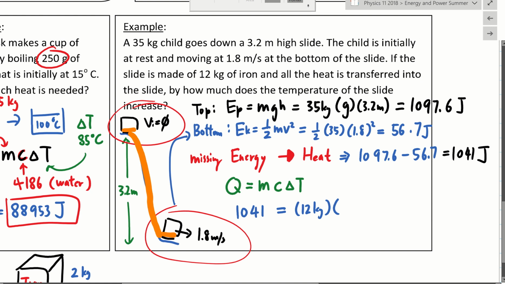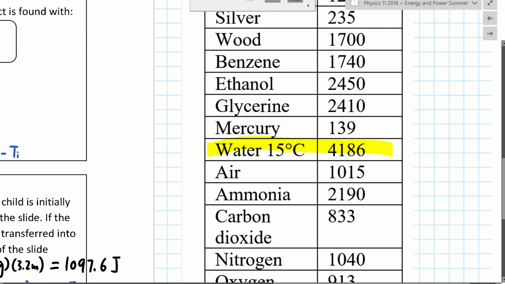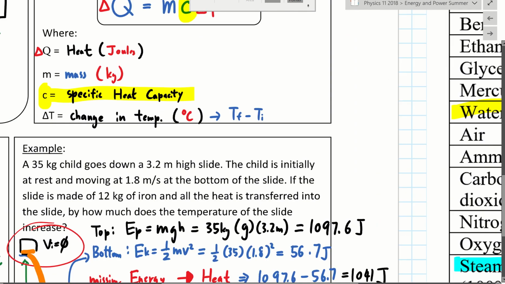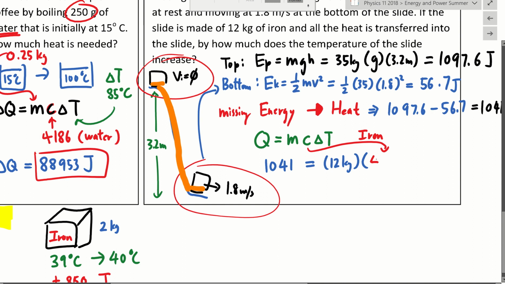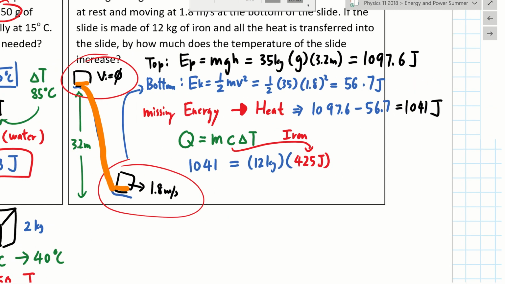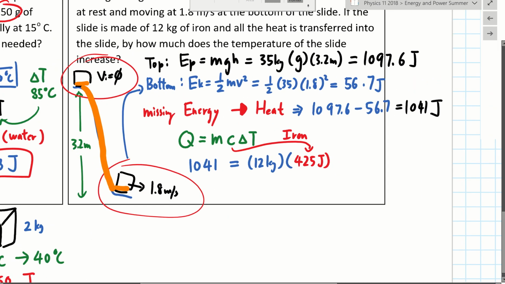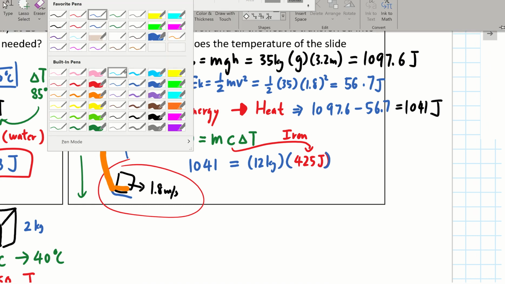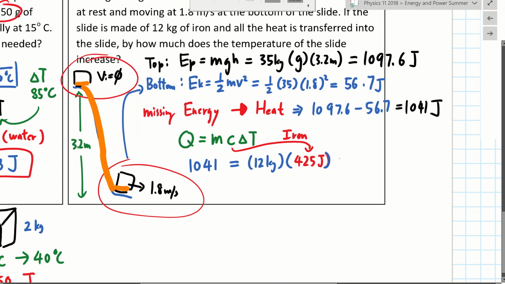What is the specific heat capacity for iron? We have to go back to the table, and we find iron is 425 joules per kilogram per degree Celsius. And what about the change in temperature? That's exactly what we're looking for, so we don't have that value right now.